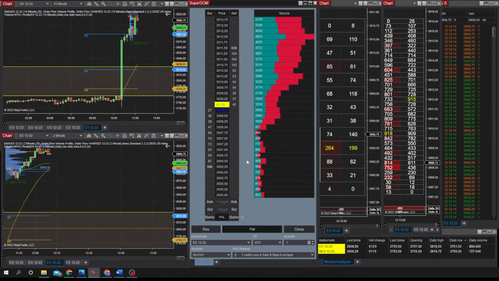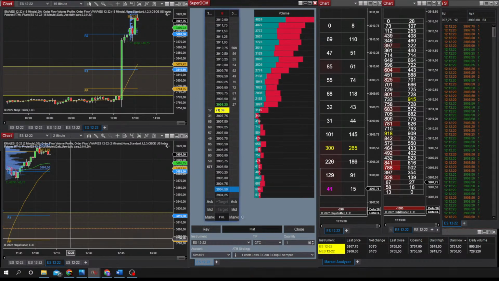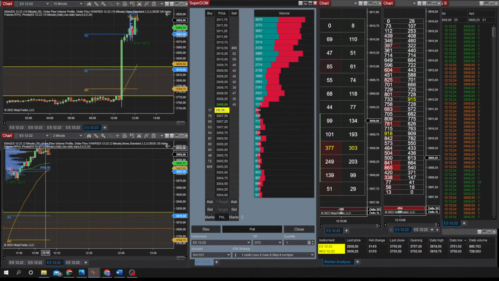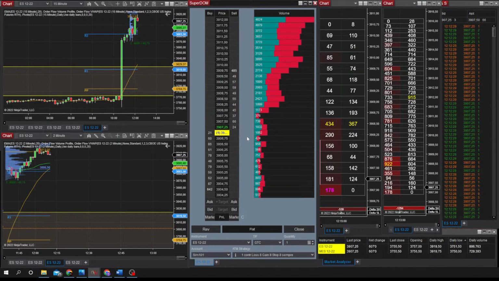And for example, now it's really risky to try to buy here because we did not make a higher top, we made a lower top, and so we're again back to the highly traded zone.